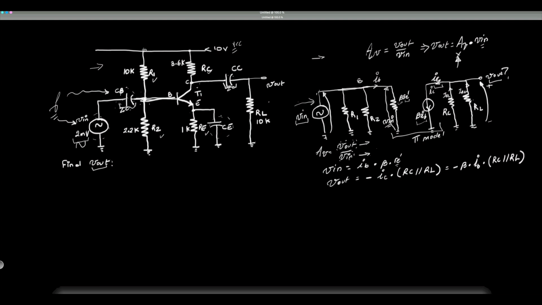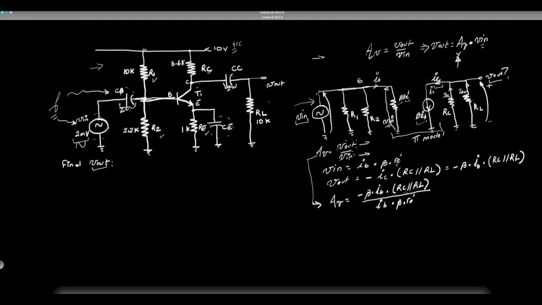Okay, now let's look at the ratio here. So let's go ahead and put the ratio together, and we'll do AV is going to be equal to minus beta times IB times RC in parallel with RL divided by, and that's V in at the bottom of the denominator, IB times beta times RE prime.